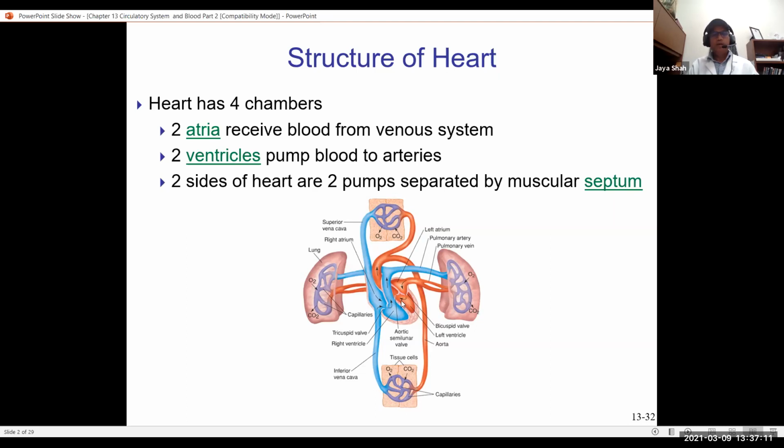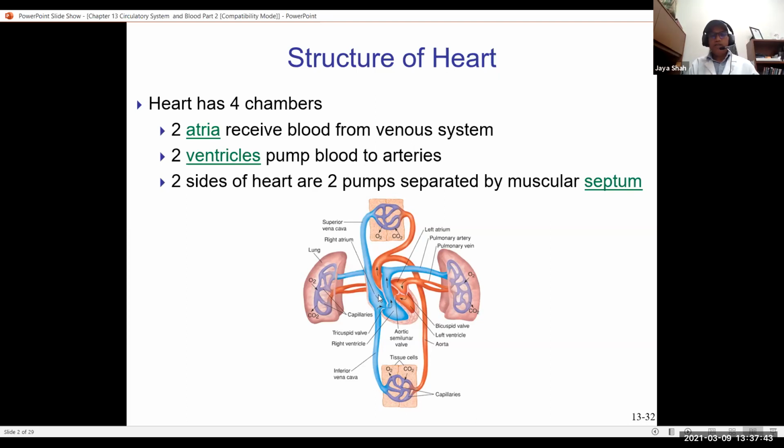Atria receive blood. So the right atrium receives blood from the superior vena cava and inferior vena cava. And the left atrium receives blood from one pair of left pulmonary veins and another pair of right pulmonary veins.